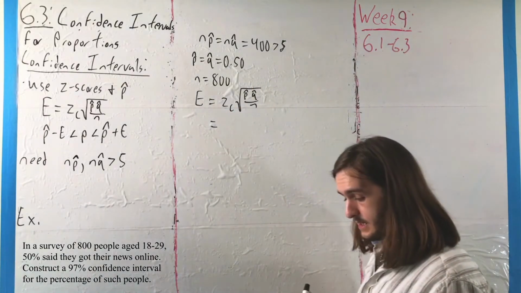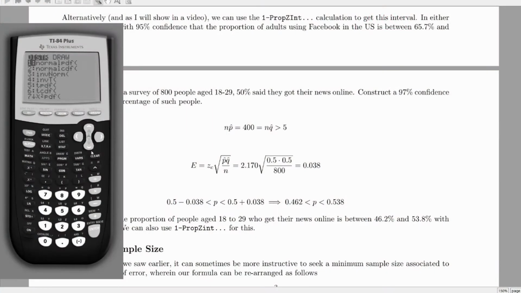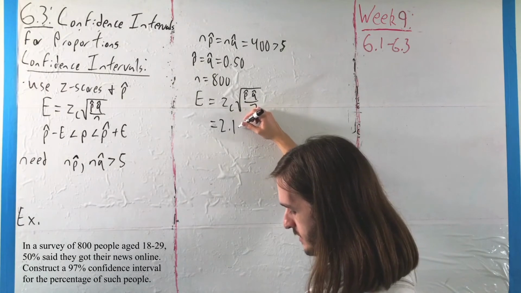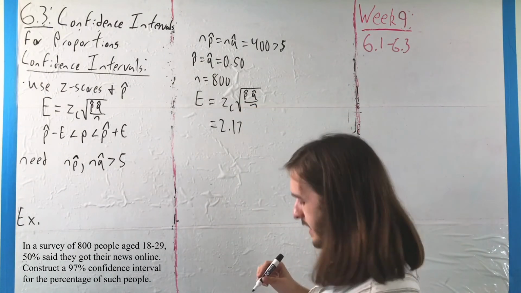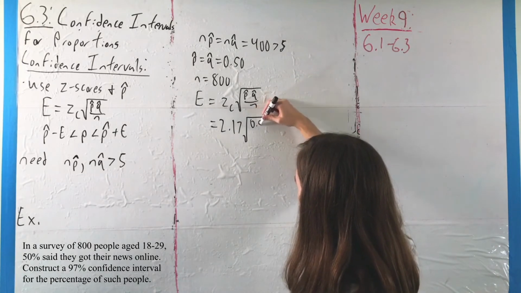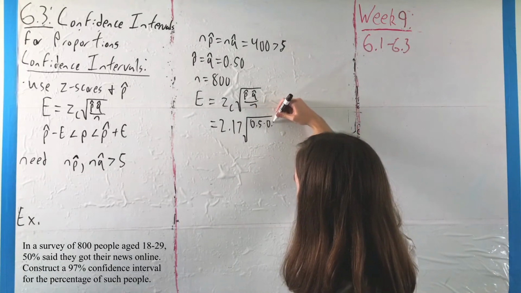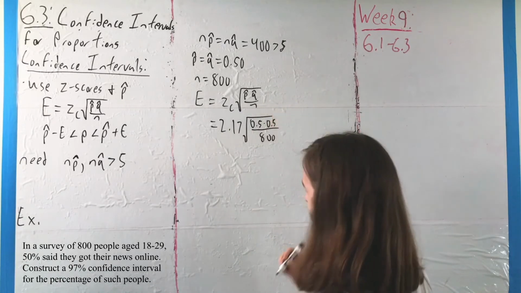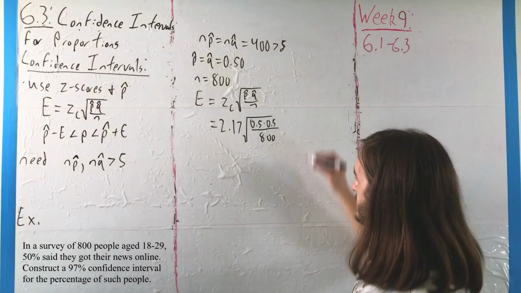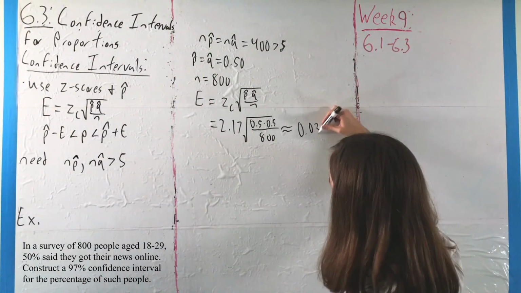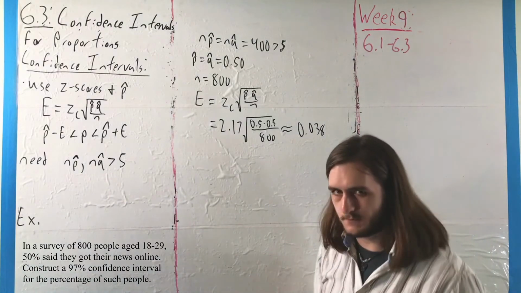Or, in this case, since we want a 97% confidence interval, what an unusual Z-score that's going to be, we will have 0.217, it's an oddball to be sure, multiplied by the square root of 0.5 times 0.5 over 800, which gets a margin of error of about 0.038. That is just under 4%.